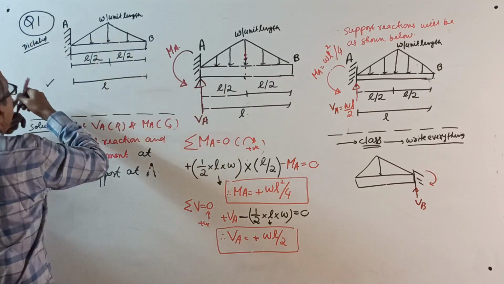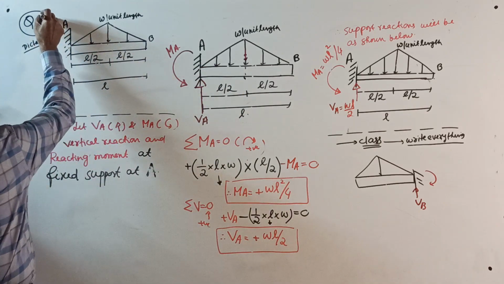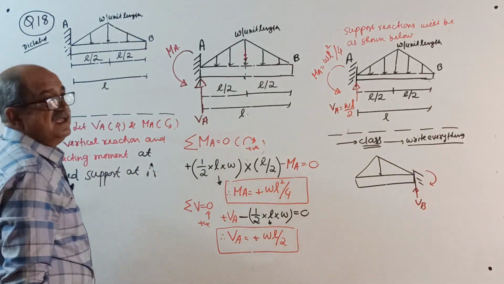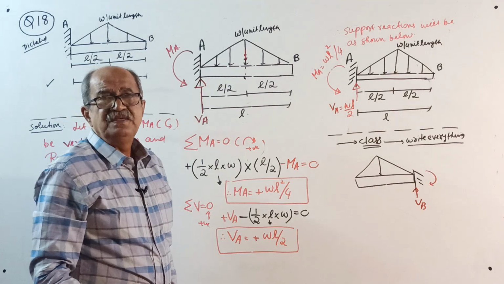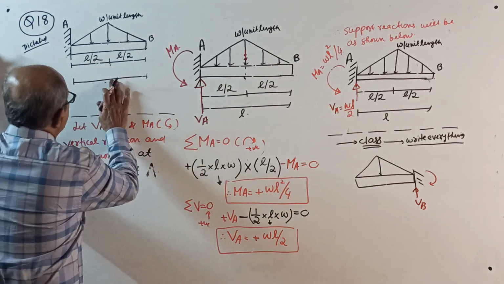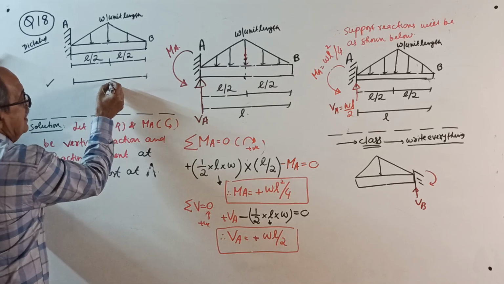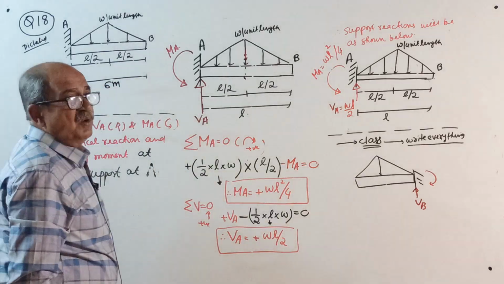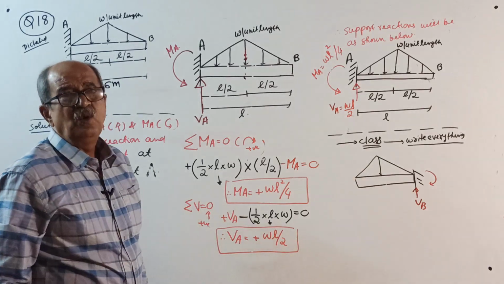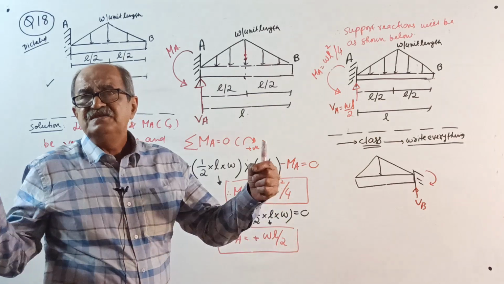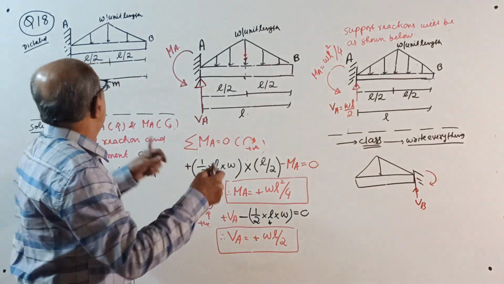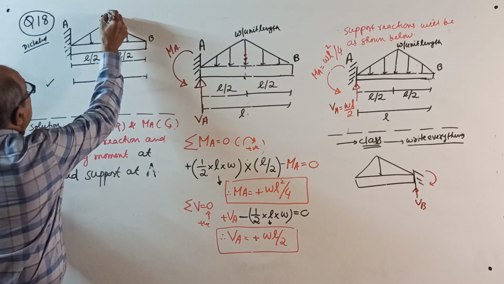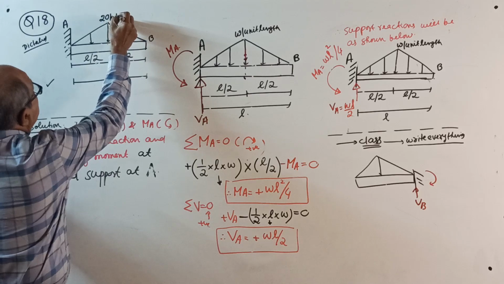I will finish fast now because then I have to go to question number 19, important, 18. Question dictated. A cantilever beam is of length 6 meter. It is loaded by a uniformly varying load of intensity 0 at both ends and a maximum of 20 kilonewton per meter at center.